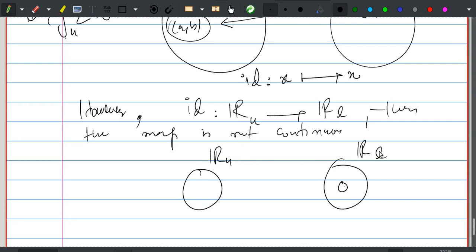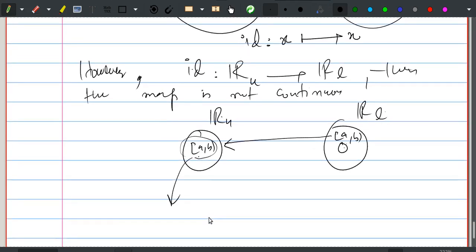If we look at a basic open set in R_L, which is a semi-open interval, say [a, b), then this is open here. Under the identity map, its inverse image will be [a, b), and this [a, b) is not open in R_U. It is also not closed in R_U. So we are able to exhibit an open set whose inverse image is not open. So this identity map in this case is not continuous.